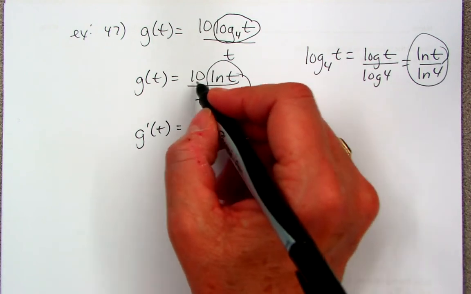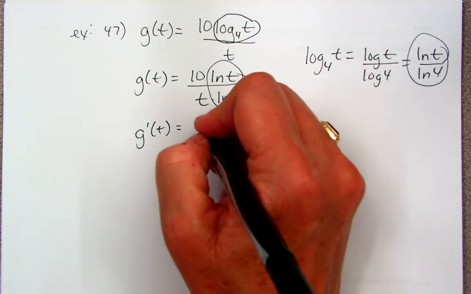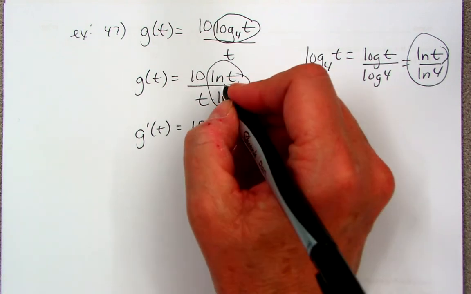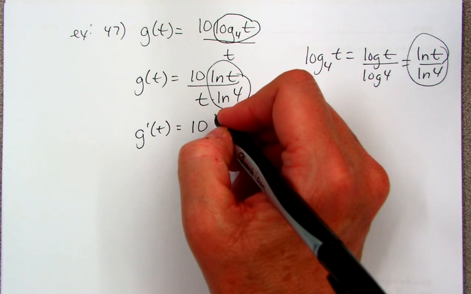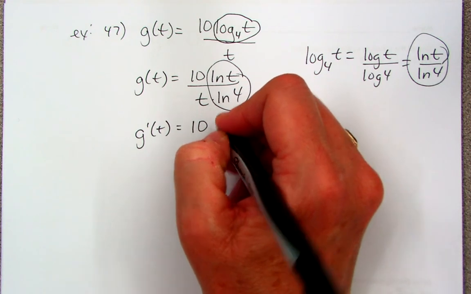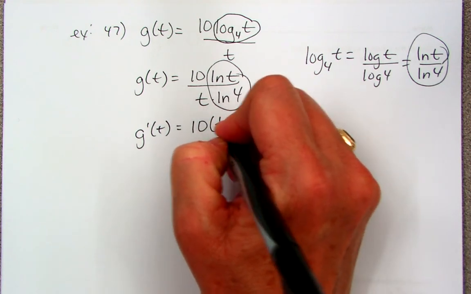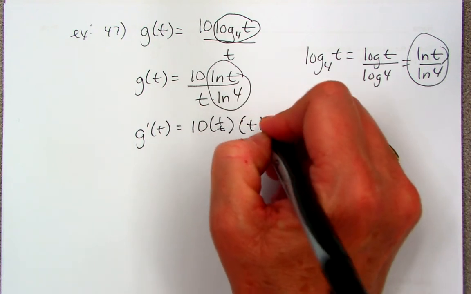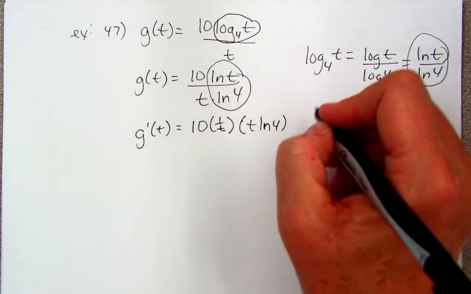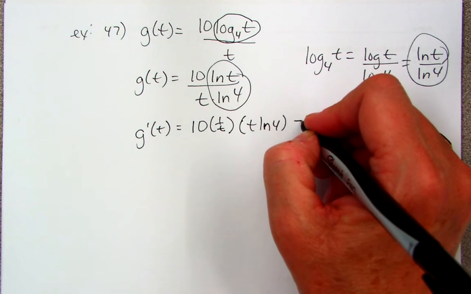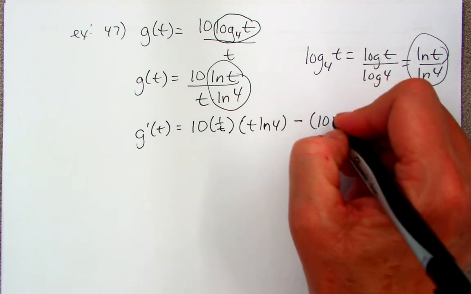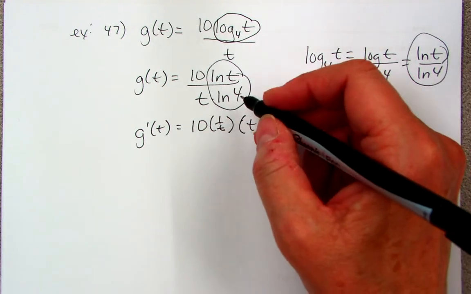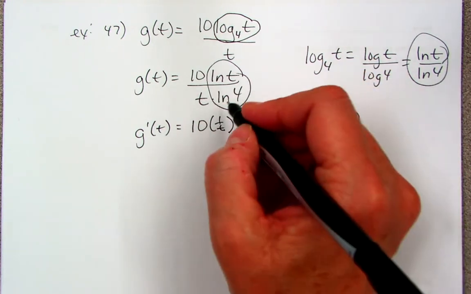So the derivative of the numerator, that's 10, and the derivative of natural log of t would be 1 over t, times the denominator, t natural log of 4, minus, now I'm going to leave the numerator alone, 10 times natural log of t times the derivative of the denominator, and that's just a number, right?